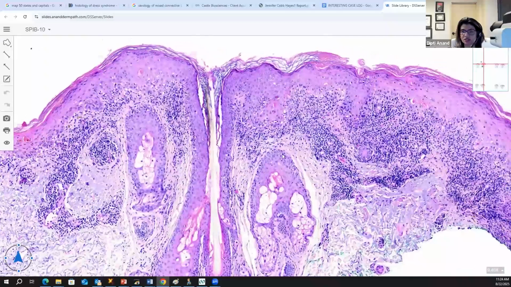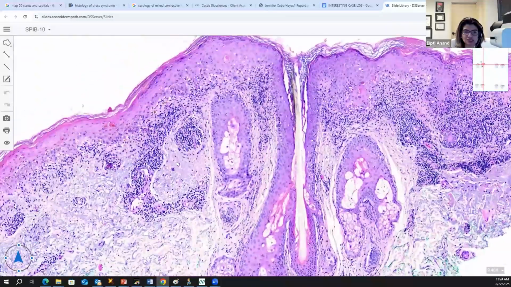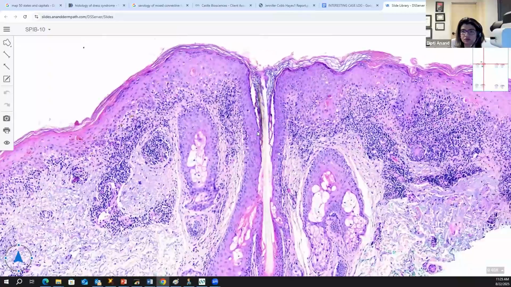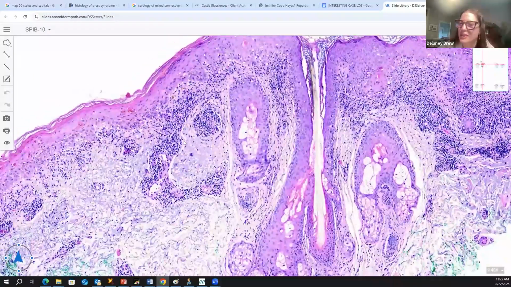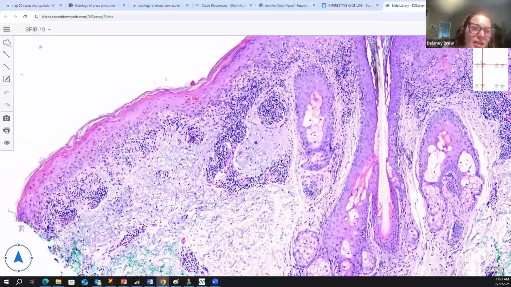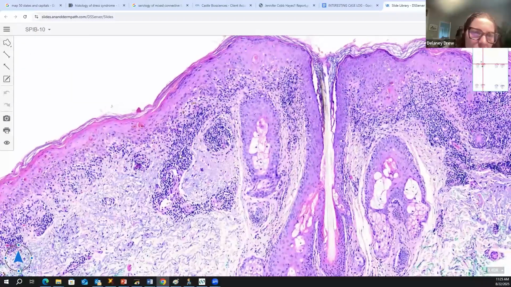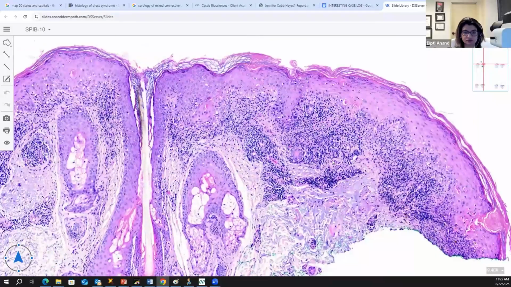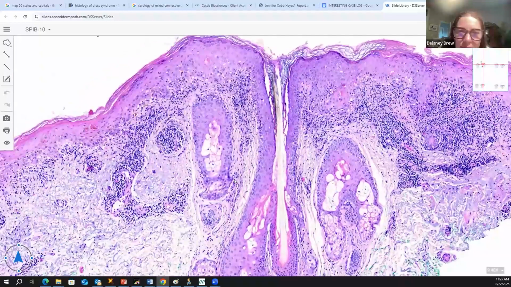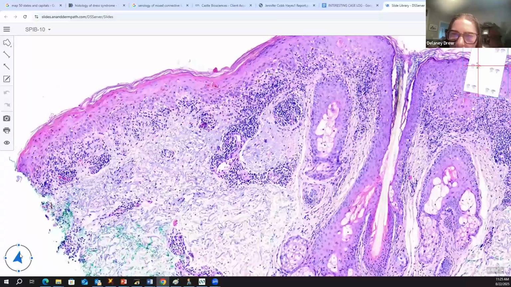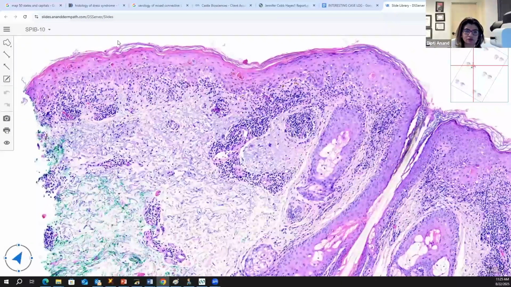So what disease process do you think we are in? It looks like a lichenoid infiltrate, kind of a band-like infiltrate over here, with some basket weave on the top.